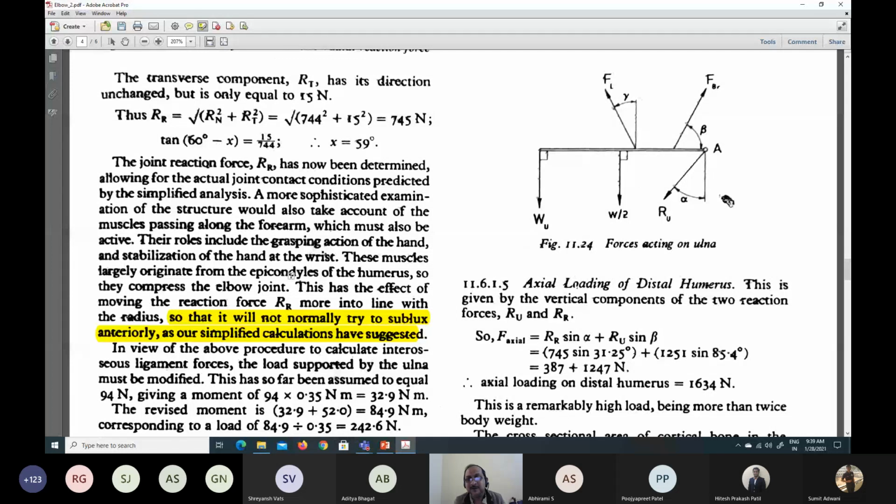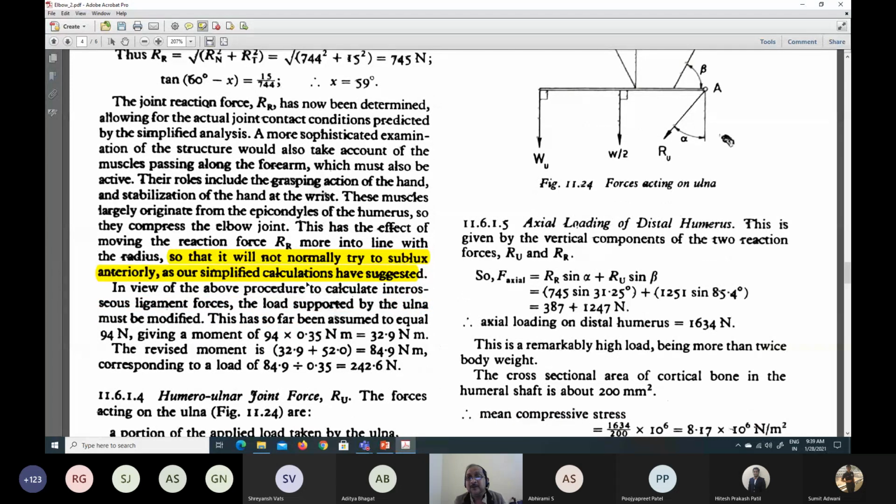All the calculations and the mechanics is pointing out towards the fact that the musculoskeletal system is designed in such a way that it will hold the system and the bones in position. So therefore, there is a small correction in the calculation which you can easily follow. So please go through this calculation.